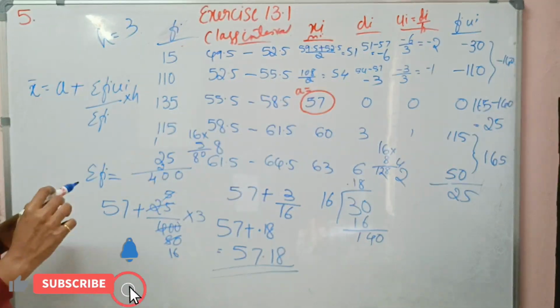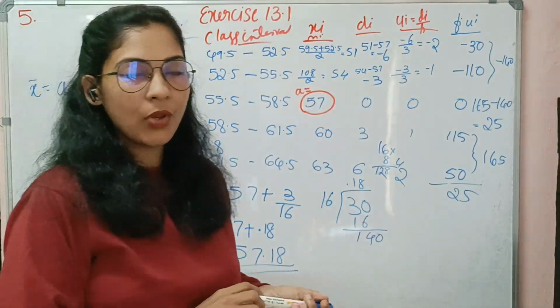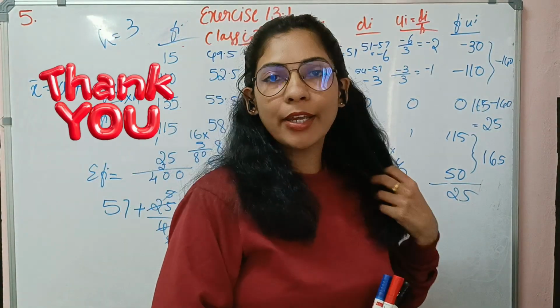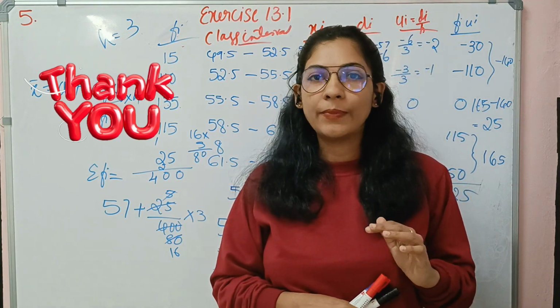So the mean of the given data is 57.18. Hope it is clear for you. If you have any doubt, please ask me in the comment section. Answer.